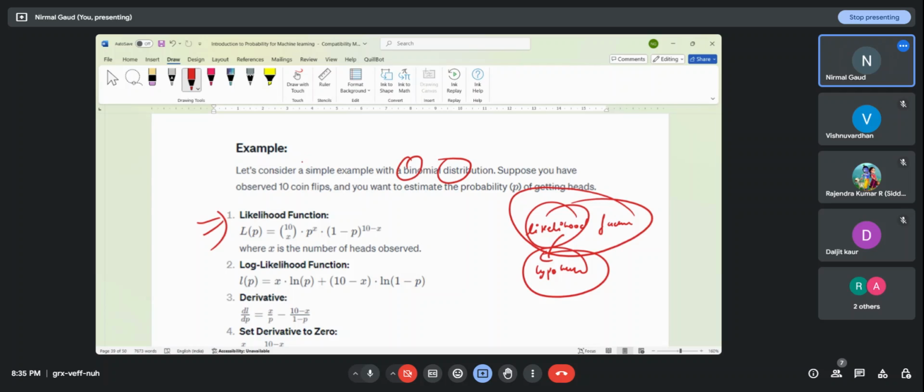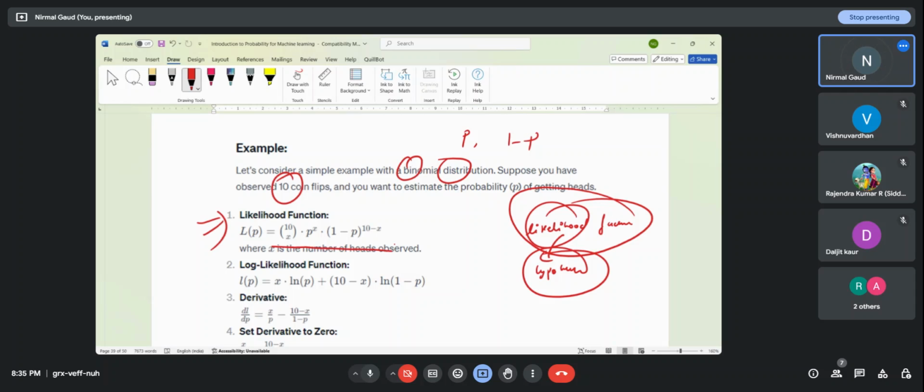Okay, so you have flipped a coin 10 times. Success you are saying p, failure you are saying 1 minus p. 10 times you have flipped, therefore this is the binomial distribution formula.